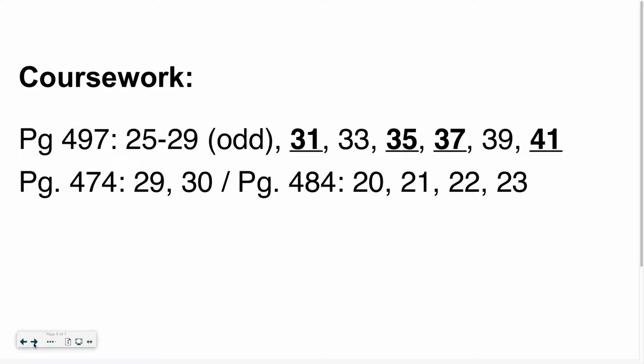Some of us may do the required problems and maybe a few extra ones, just for fun. Page 474 and page 484, those are going to be two variable systems, and there's going to be some of those nonlinear ones on there. So it is good for you to look at. If you don't look at it tonight, you can always look at it another night.